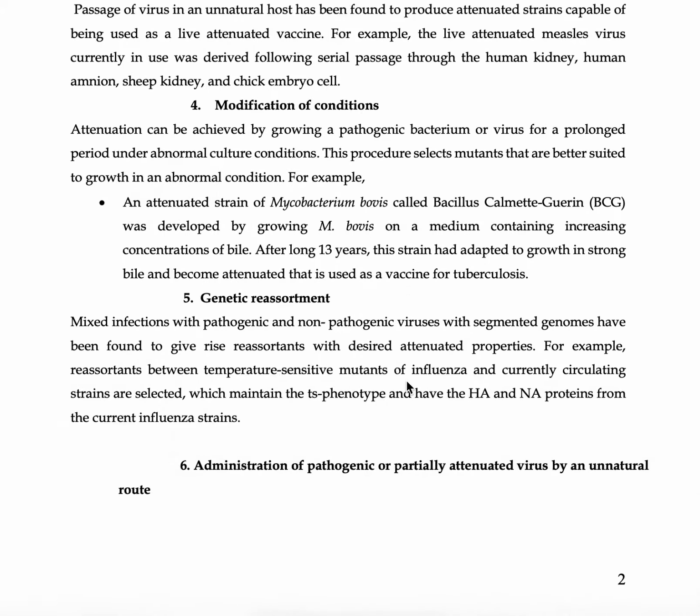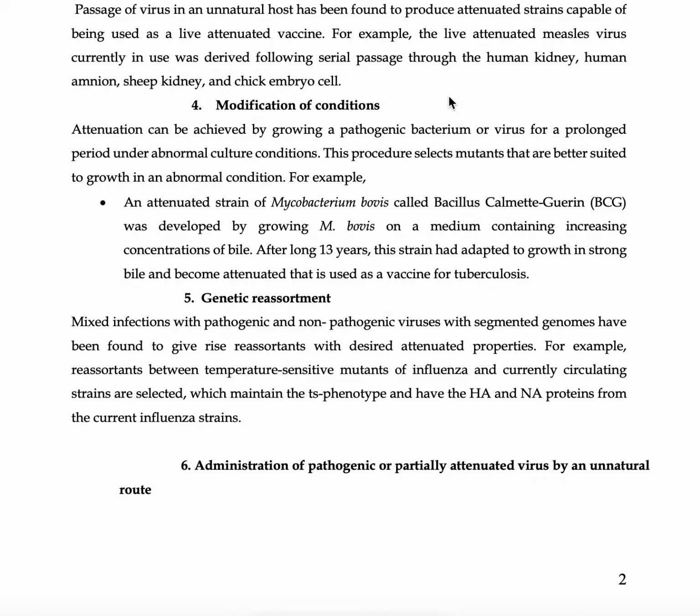Then another approach: modification of conditions. In this approach, attenuation can be achieved by growing a pathogenic bacterium or virus for a prolonged period under abnormal culture conditions. I mean, we culture the bacteria or virus not in their natural environmental conditions, but in abnormal culture conditions.